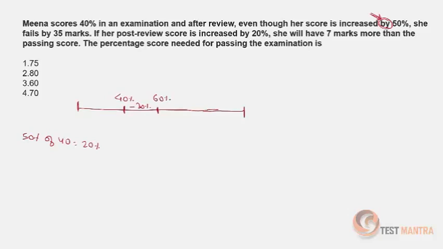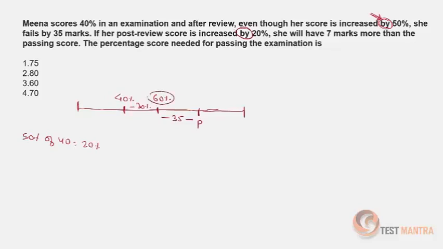So according to this, Meena failed by 35 marks. Assuming that this is my pass mark, I'll write it on the bottom side. So she failed by 35 marks. If her post-review score is increased by 20%, again, 20% of what?